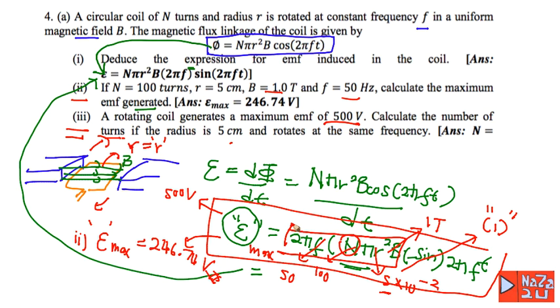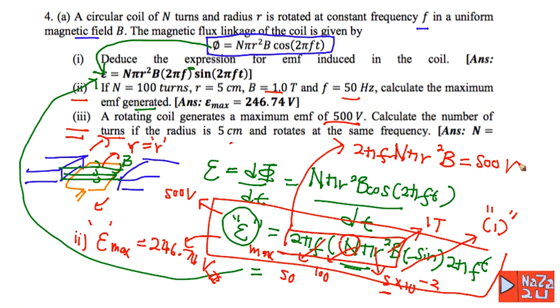I just write here: you have 2 pi f, N the number of turns, pi, radius square, and B. This is equal to the maximum EMF, equal to 500.